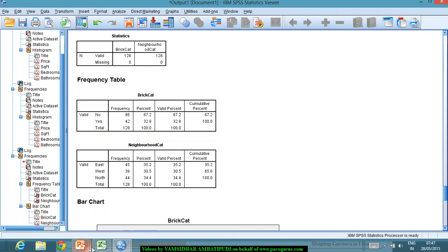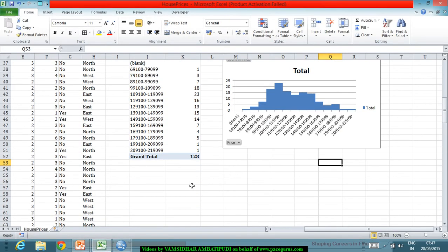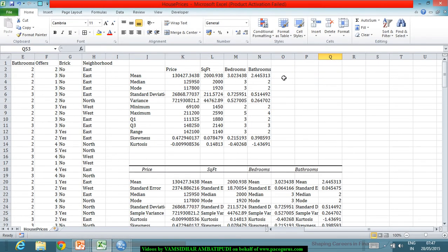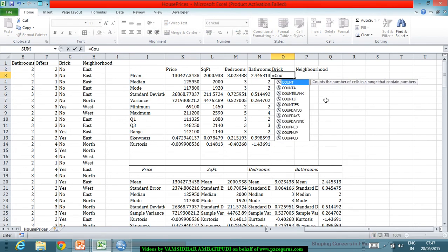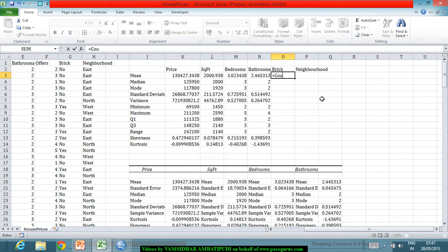Now in Excel also we can do the same thing. Probably I can go with a frequency table per brick as well as per neighborhood. If I want per brick and neighborhood, I have to make a different kind of table.